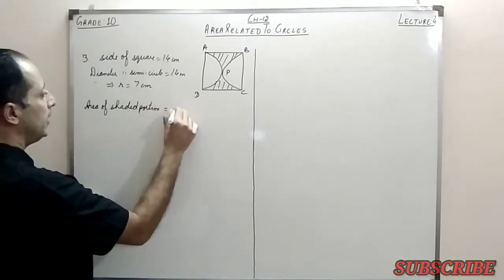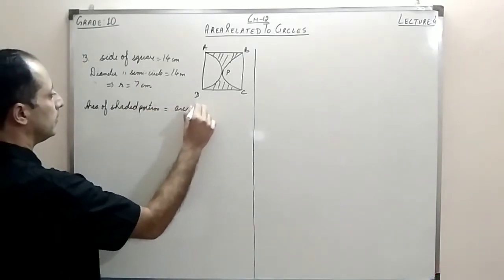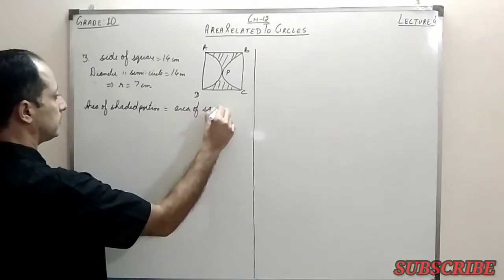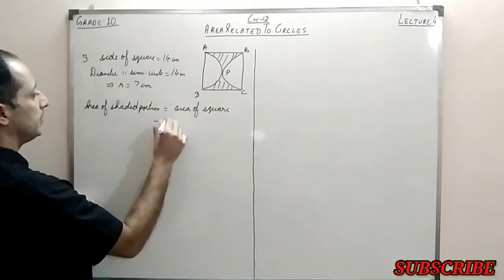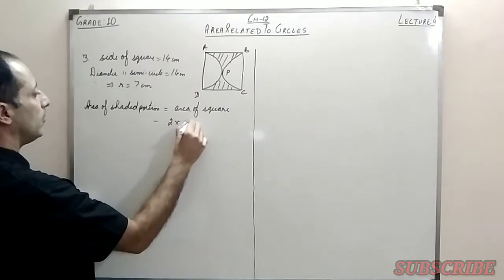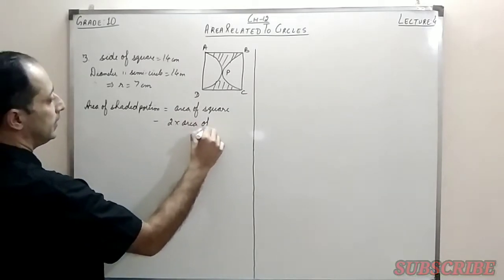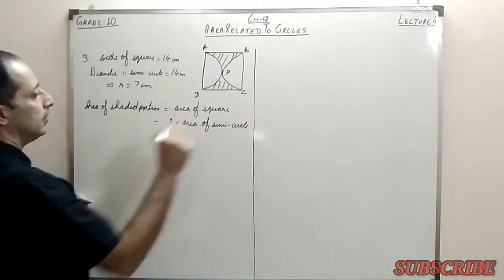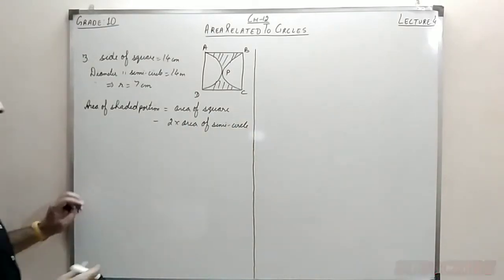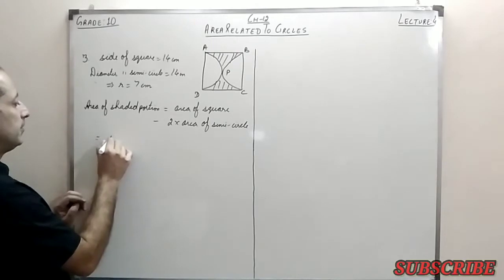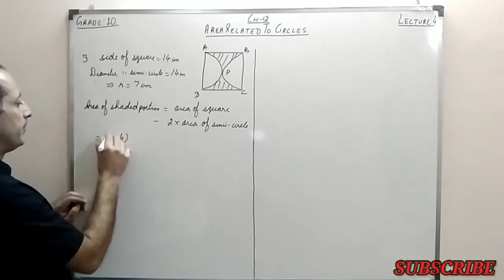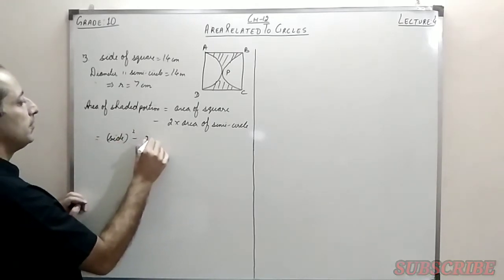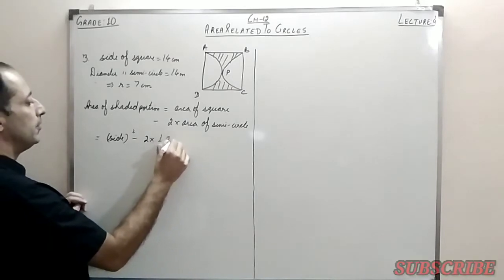So it means area of shaded portion here would be equal to area of square minus 2 into area of semicircle. Right? Now area of square we know it's side square minus 2 into 1 by 2 pi r square.